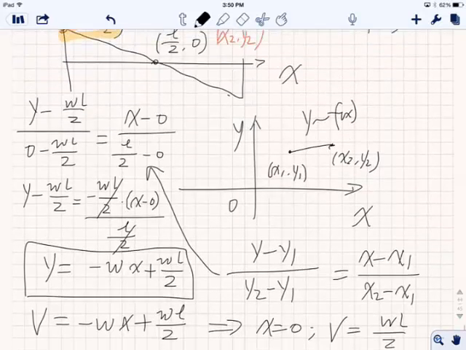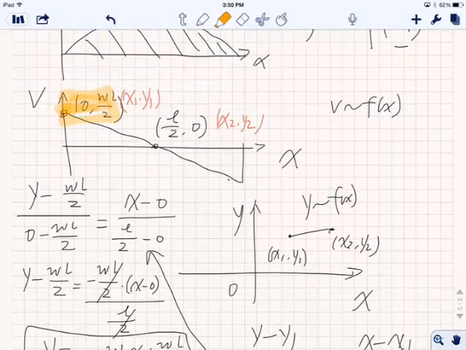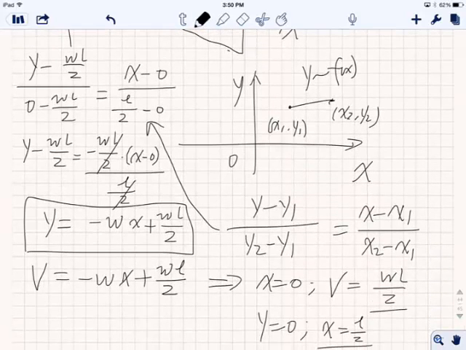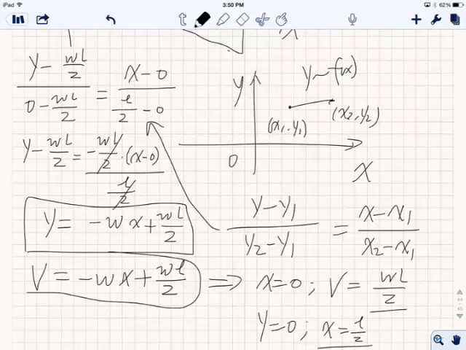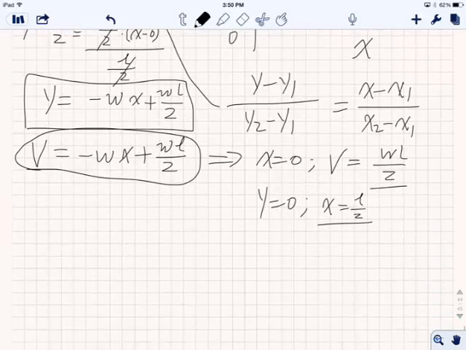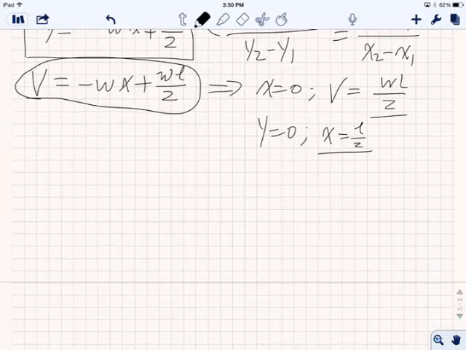That's right, because when you look here, when x is equal to L divided by 2, y is 0. So now we find the exact expression of shear force as a function of x, which is this equation over here. We treat these as the only resources we have to find y. Any questions so far?